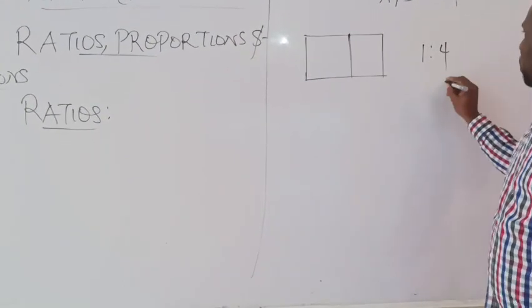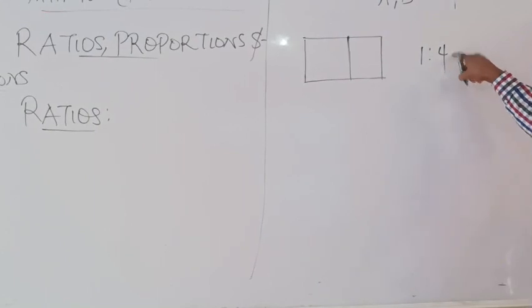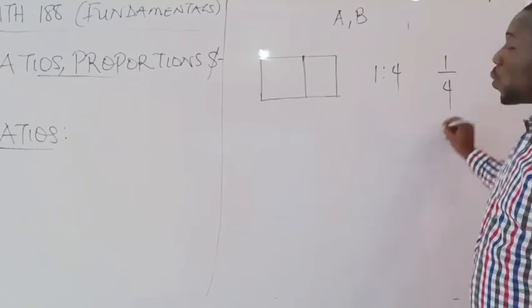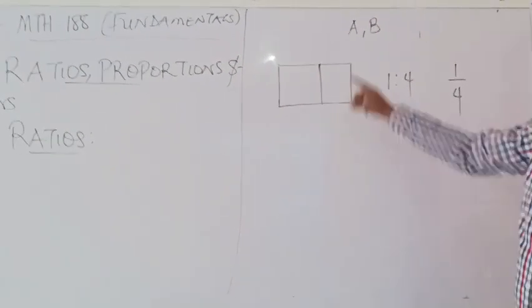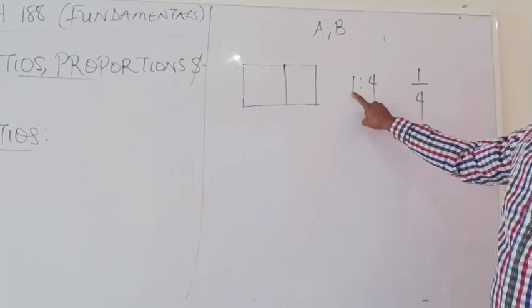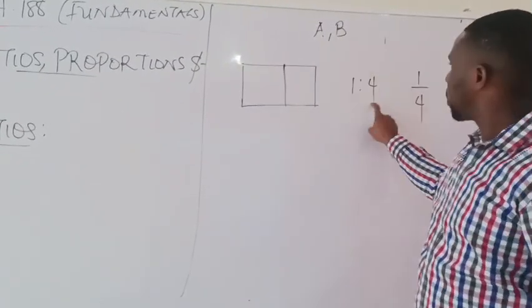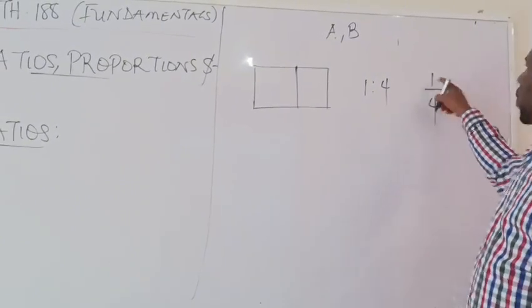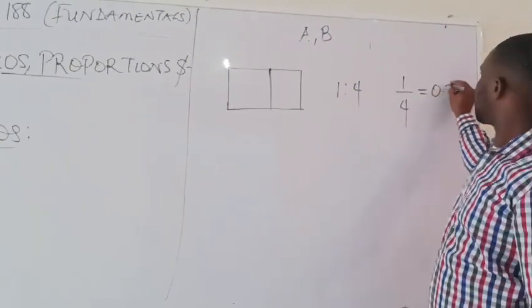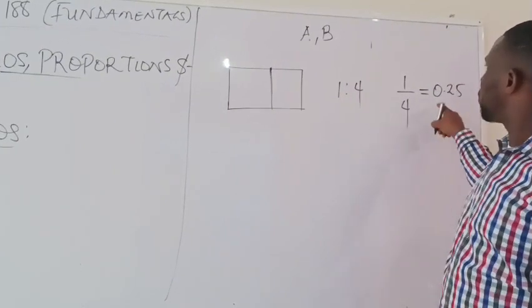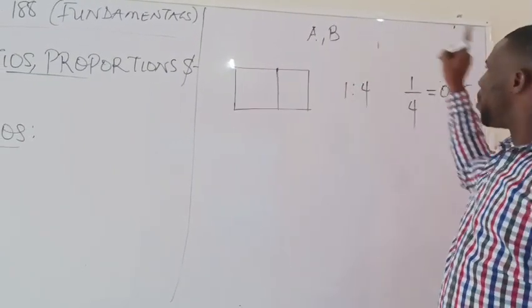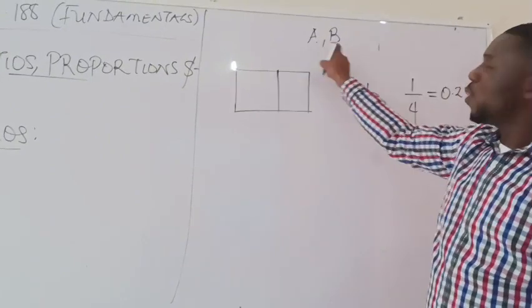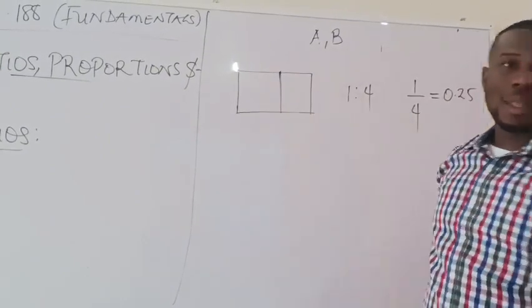In other words, if I express this as a fraction, this is 1/4. So it means A would get this, and person B would get 4 times A. So what this simply implies is, if you express this as decimals, it tells you how much more or less persons A or B would get in the gingerbread.